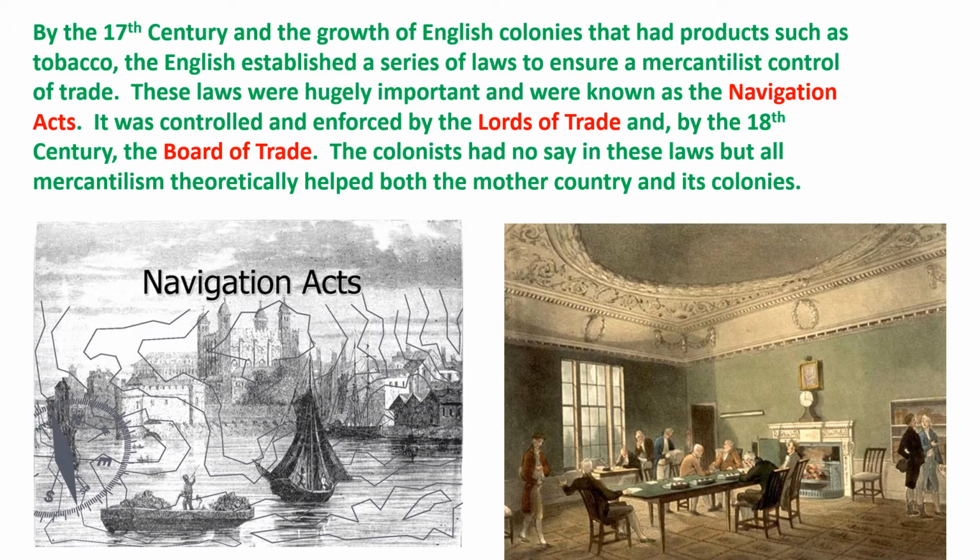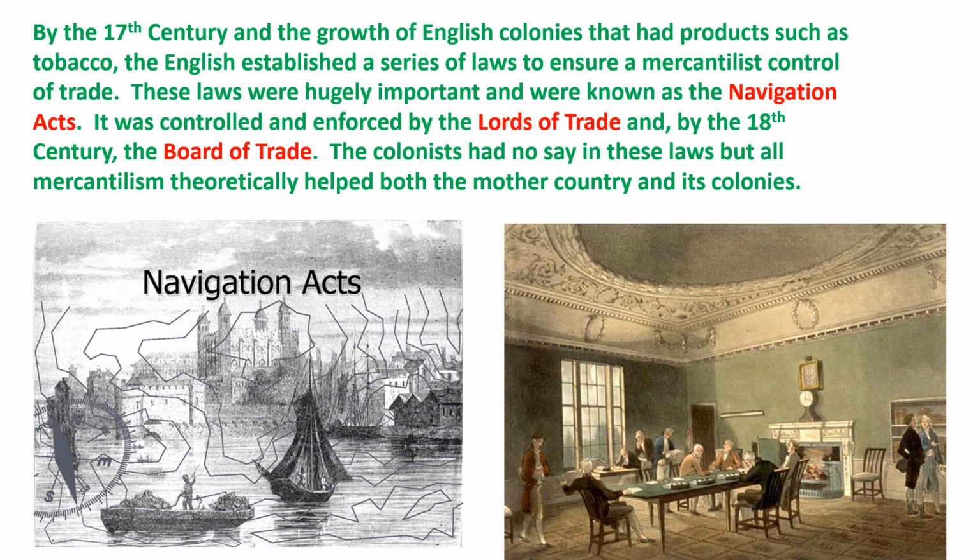It was first controlled by what they call the Lords of Trade, and its membership, as its name implies, was appointed from wealthy English businessmen. Obviously, these businessmen had a self-interest and were going to act in the best interest of their own businesses.